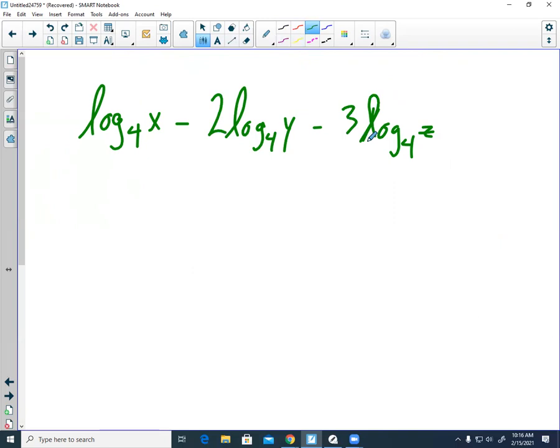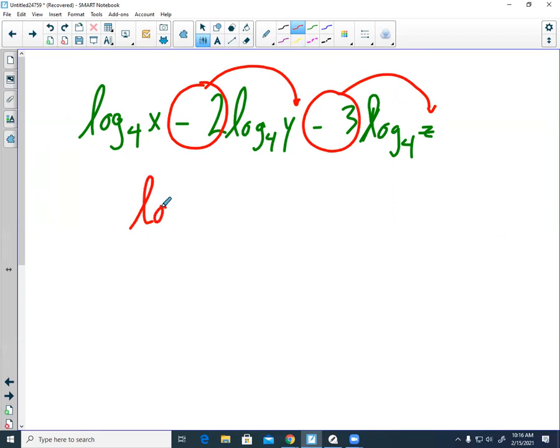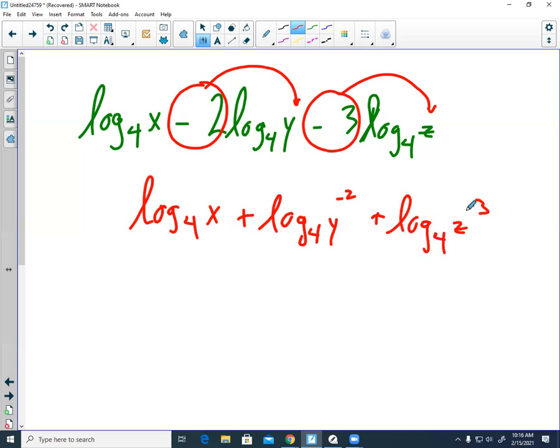So instead of just distributing the 2 and the 3, or raising, I guess, using the power rule, instead of just doing that, I'm going to take the negative sign with it as well. So this will end up getting brought up. This will end up getting brought up. Some of you can probably already see the steps that that's making. So this is going to be log base 4 of x plus log base 4 of y to the negative 2 plus log base 4 of z to the negative 3.